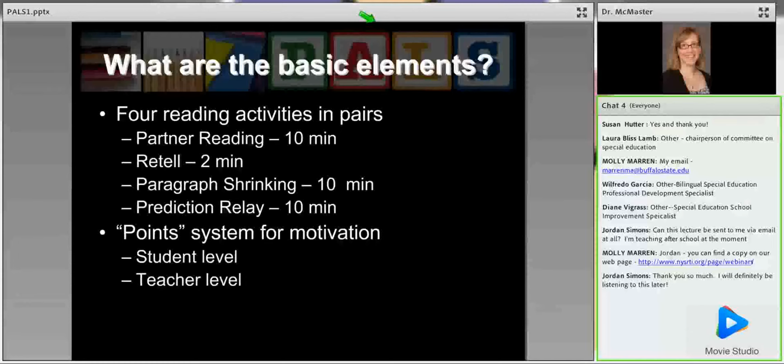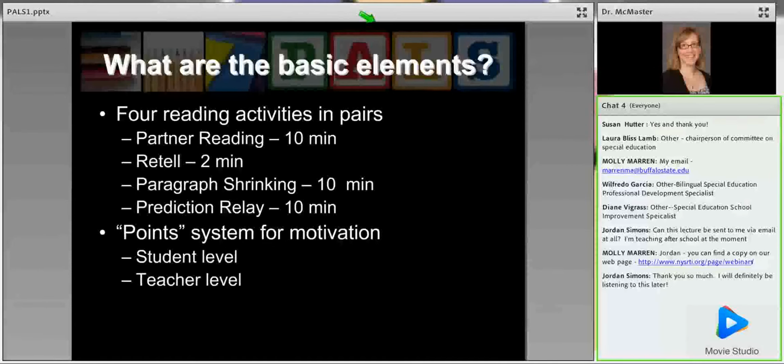And in paragraph shrinking, the first reader now reads again. They have 5 minutes, and they'll continue on where the second reader left off, so they'll read new text, moving on from where the second reader left off. After every paragraph, they will stop and they will shrink the paragraph by basically saying the main who or what in the paragraph, telling the most important thing about that who or what, and then saying the main idea in 10 words or less.